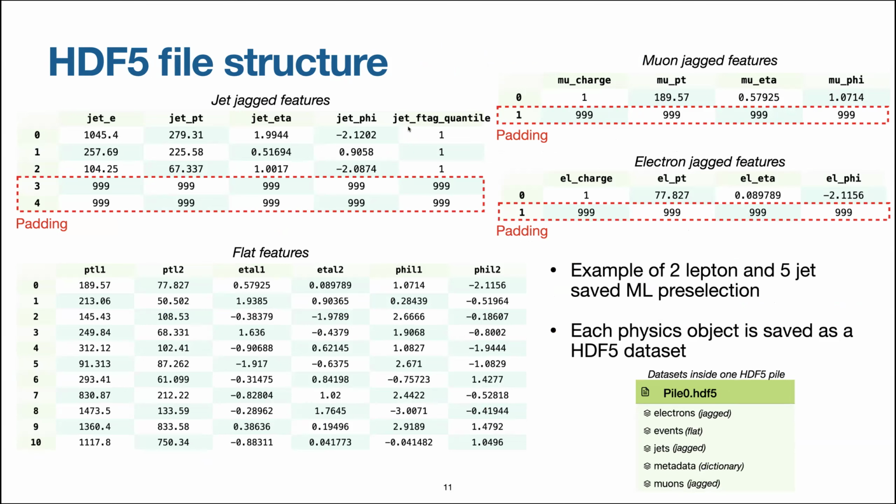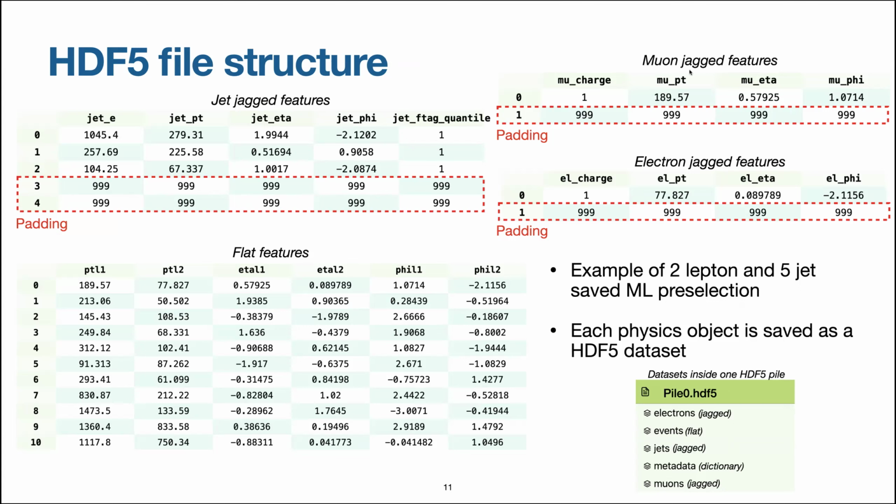And basically, each physics object has its own data set in the HDF5 file. So for example, here we have jets where I allow up to 5. And if the event doesn't have 5, it gets padded, and it looks like this at the end.